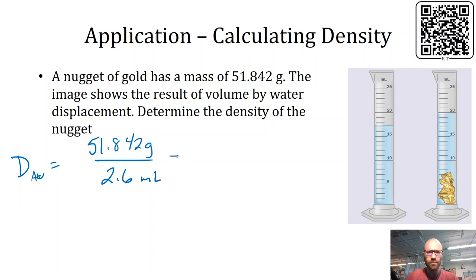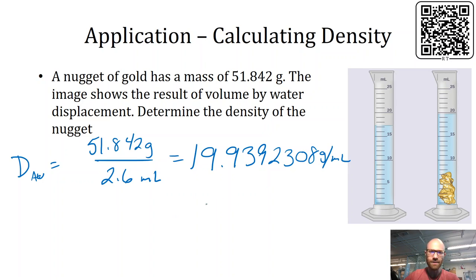And so again, we want to write our answer of 9.939238 grams per milliliter. So then the question becomes, how do I round this? Well, this is a 5 significant figure number, and this is a 2 significant figure number. And since this is division, we're going to go with that second rule I mentioned. And our answer needs to have 2 significant digits, which means we're going to round to that decimal place.